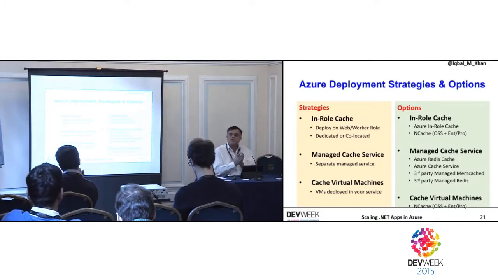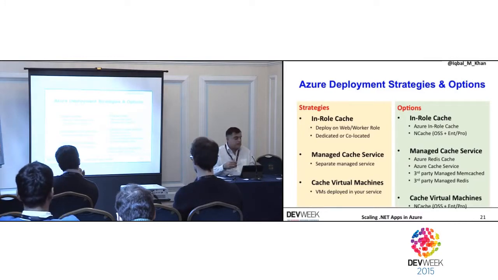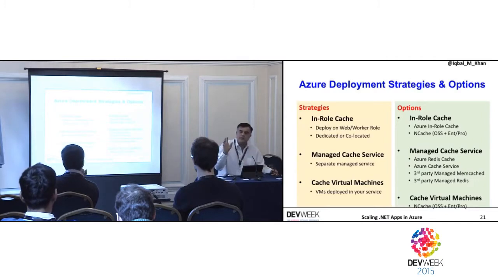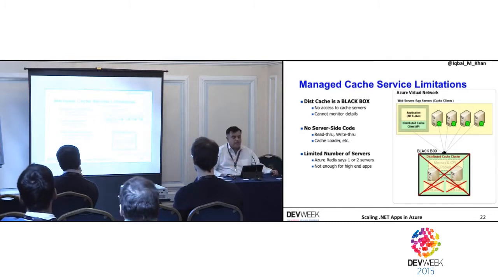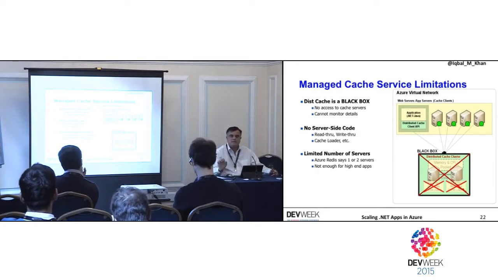But whatever Microsoft is providing, they're not providing anything on the virtual machine. The only thing that is available from that perspective is NCache. And I'll explain why I think virtual machine is the better strategy. And I'm not saying NCache.